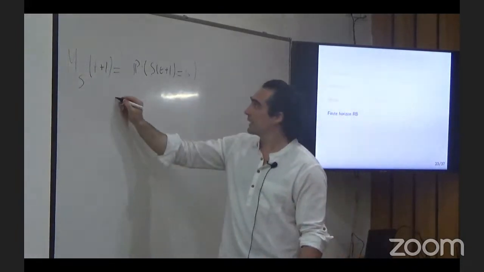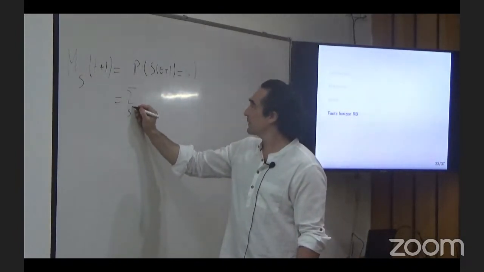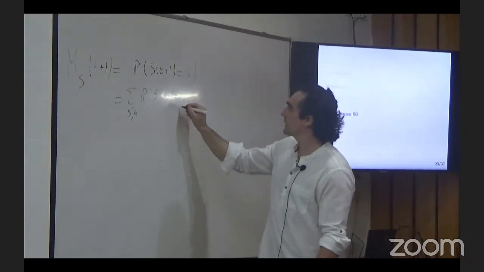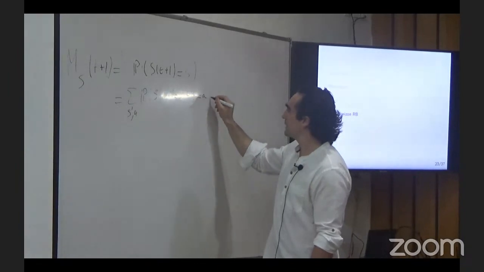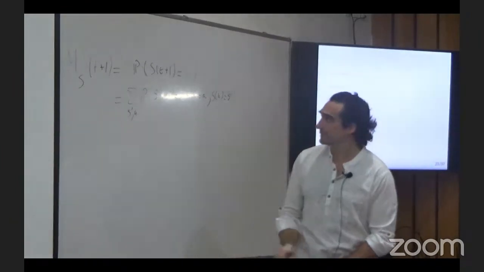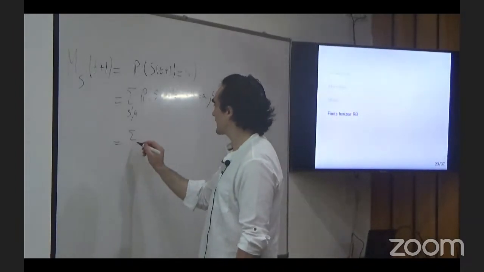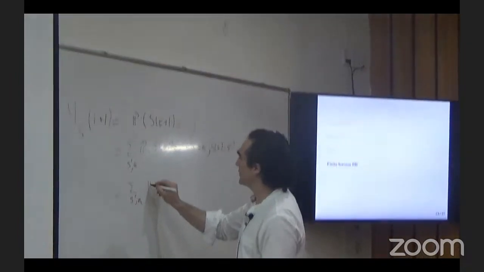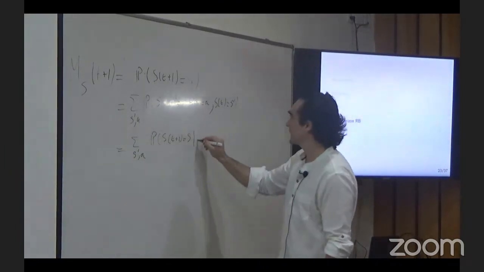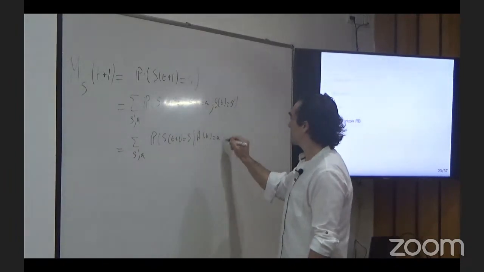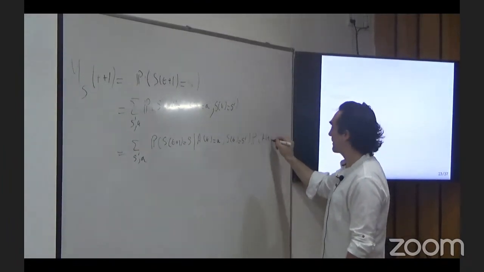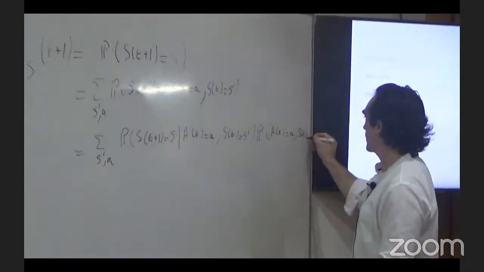You can always say that this is equal to the sum over S prime and A of the probability that S of t plus 1 is equal to S, knowing that A of t is equal to A and S of t is equal to S prime, multiplied by the probability that A of t is equal to A and S of t is equal to S prime.